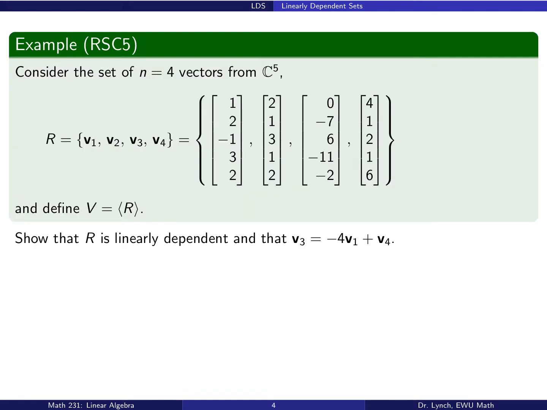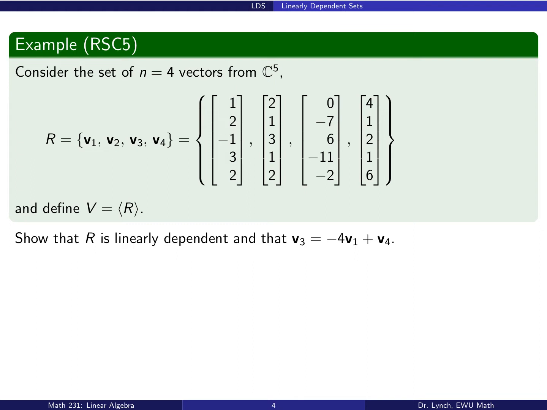Here's an example that illustrates this theorem. Let's have a look at this set R, 4 vectors from R5, and let's take V to be the span of R, the set of all possible linear combinations.